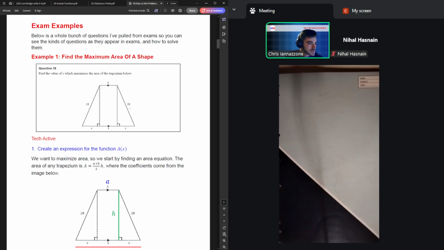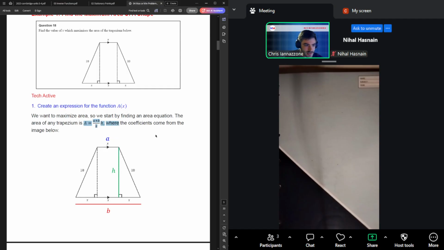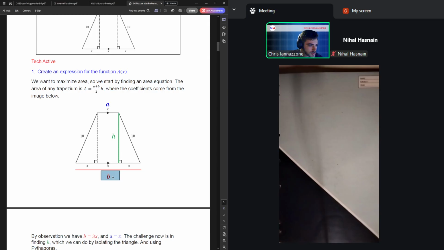In this case, we have the trapezium example here. We're trying to find the value of x which maximizes the area of this trapezium. Step one, as I mentioned, was creating the area formula for the trapezium. So we start with the basic version of it, maybe label our terms accordingly. We'll notice that we have a immediately and we have b immediately. What we don't have is the h.